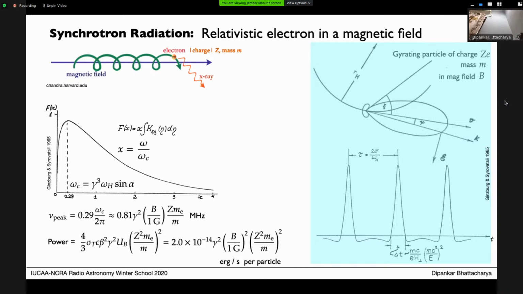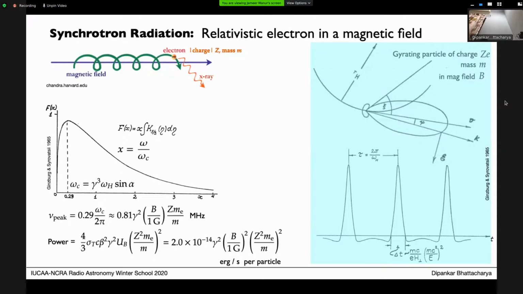But since it is very relativistic, beta is very close to 1, so beta squared is almost equal to 1. Then Lorentz factor squared, and then the magnetic energy density, which is proportional to B squared over 8 pi. So the power is proportional to square of the magnetic field and square of the Lorentz factor. The frequency is proportional to square of the Lorentz factor and linear power of the magnetic field. So that is how the dependence of synchrotron emission goes for a single electron.